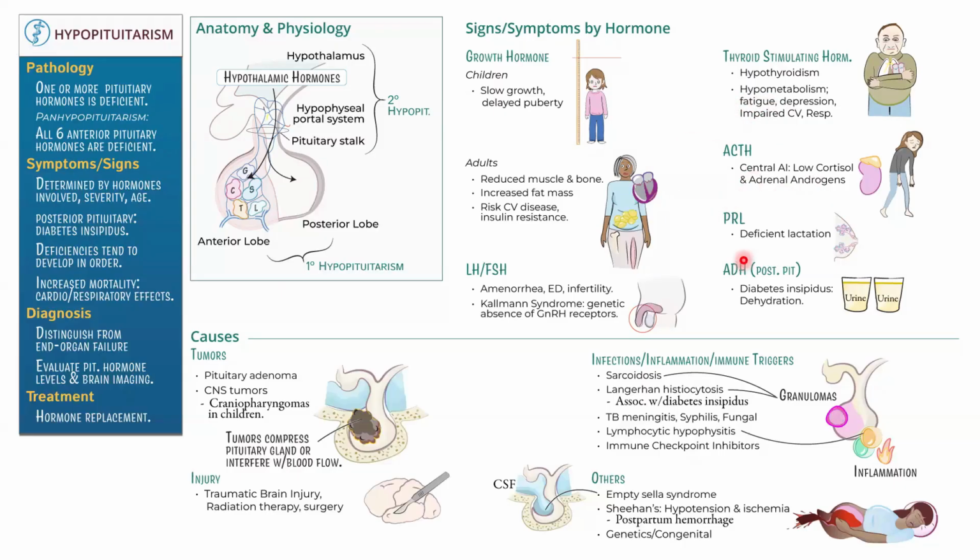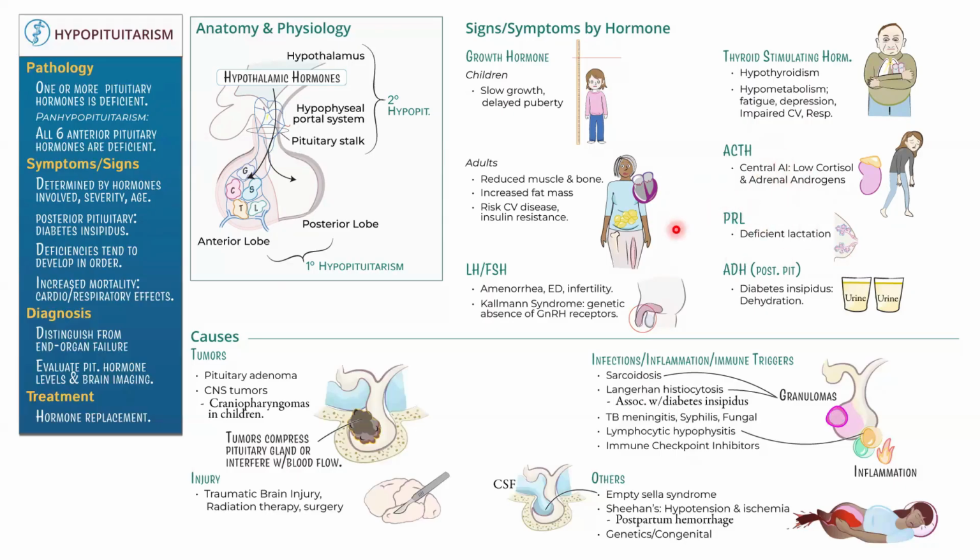Features such as fatigue and dyspnea will come across. Then for ACTH, ideally it enables production of cortisol in the adrenal glands. So that leads to central adrenal insufficiency. Central AI means central adrenal insufficiency.